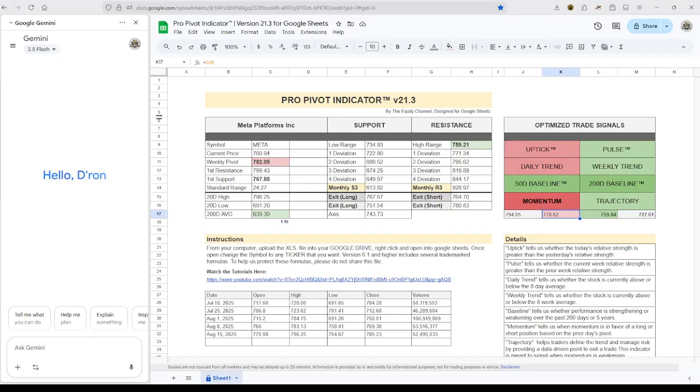So what we're going to do, if we wanted to take this trade, is look for that first key level to the upside and see if that ends up being a level that holds for us.